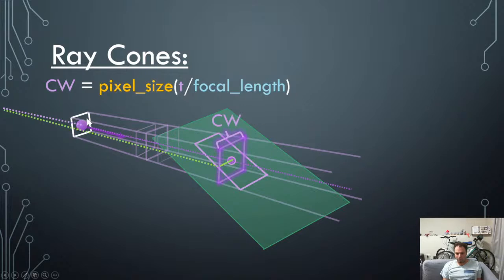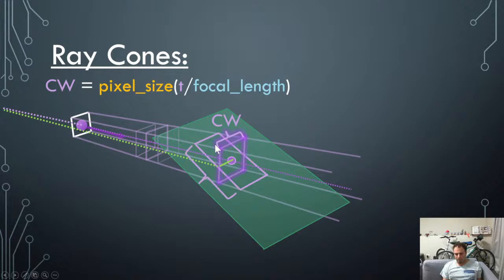So if we have the pixel size even as a surface area, because it's a square, then we have this T value here from the origin, and we have the focal length, which is here, and we can use that and the original pixel size to compute the surface area of this, first not the projected yet, but just straight on, projected up to this point.